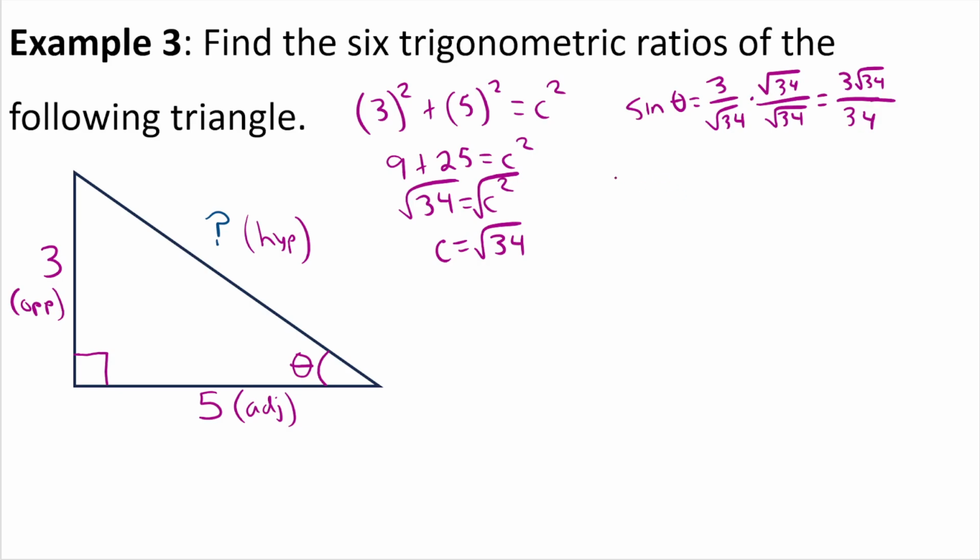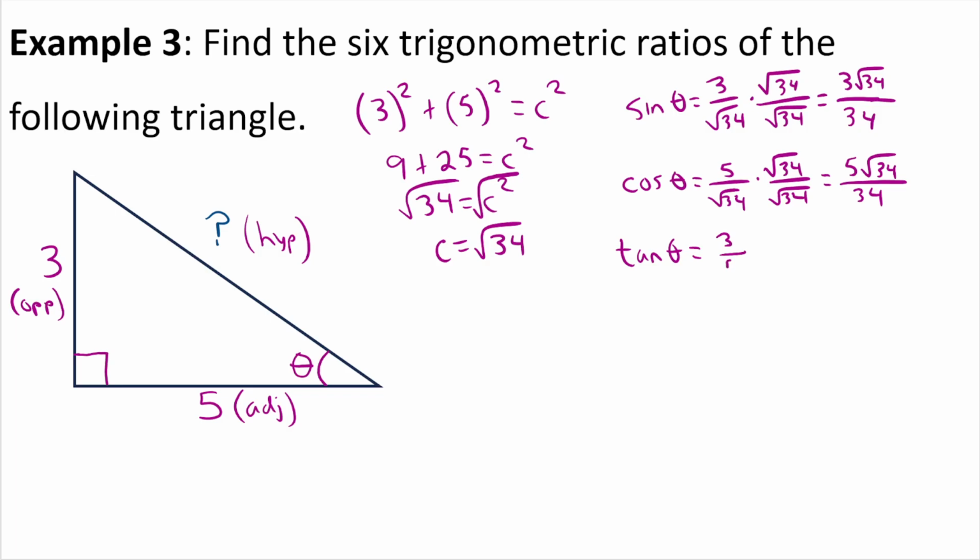That's one solution. Then the cosine of theta would be 5 over root 34, but we want to rationalize the denominator. Multiplying square root of 34 top and bottom would give me 5 square root of 34 over 34. And then tangent of theta would give me 3 over 5.